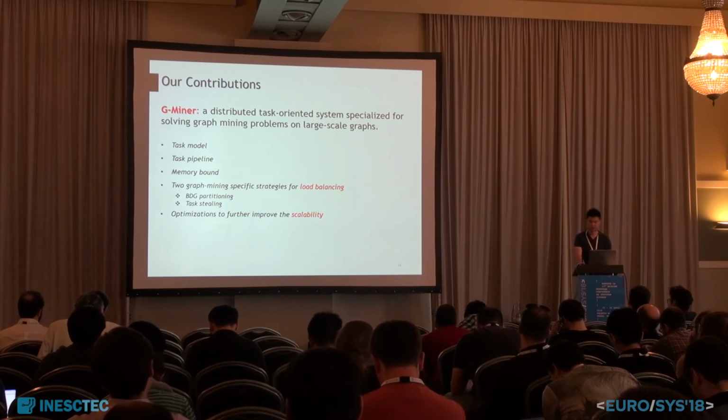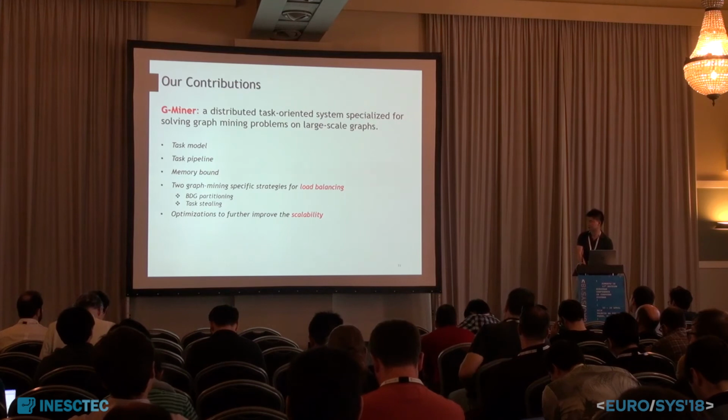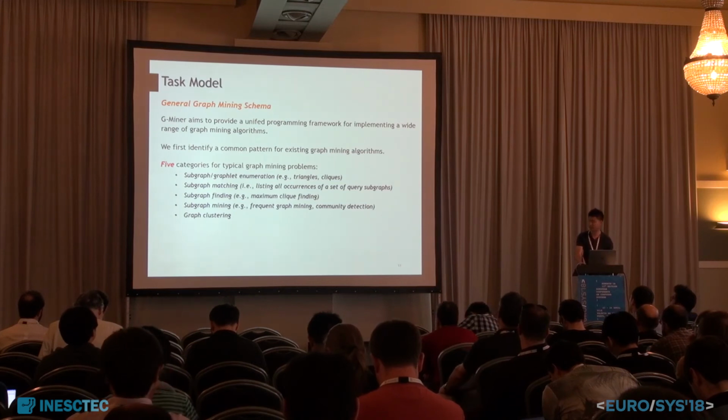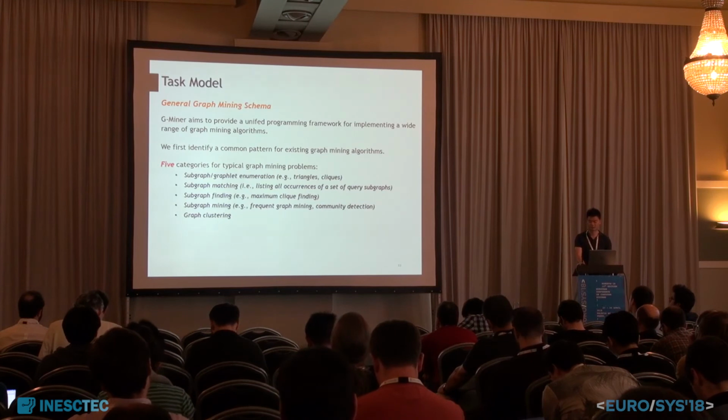And we also propose optimizations to improve the scalability of our system, because graph mining is totally CPU intensive. For the task model, our focus is the following 5 categories of graph mining problems, and we want to provide a unified programming framework for such graph mining algorithms.